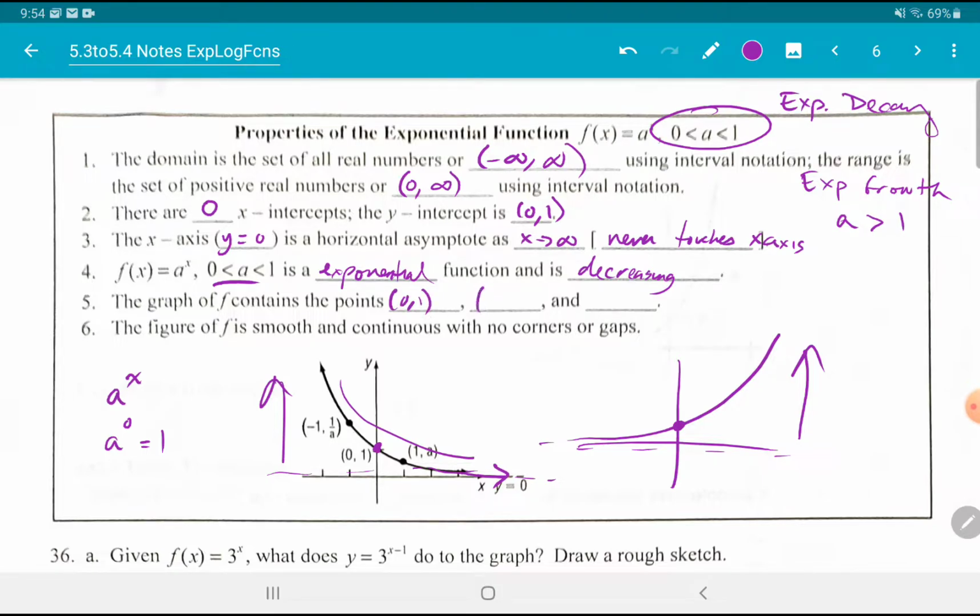We also talked about an easy point you can plug in, which is the point 1, and then what value do you get? Well, if you plug in 1, you're going to get the value of a. And you also have the other point where, if you make it a -1 value, then you'll get the point -1, 1 over a, because that'll be its reciprocal. The graph is smooth and continuous.